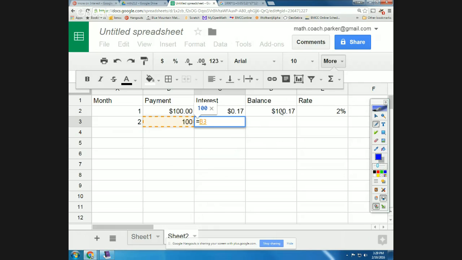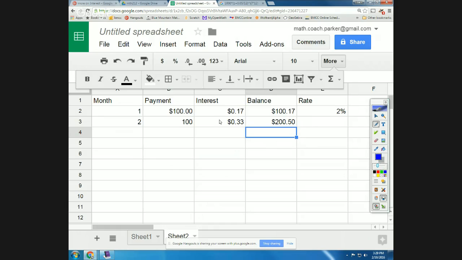So I'm going to have to put parentheses, take my old balance, and add my new payment to that. Both of those are going to collect interest for 1 month. And so my new balance is now equal to my old balance plus my payment and interest.